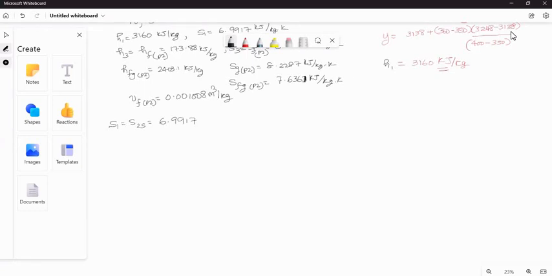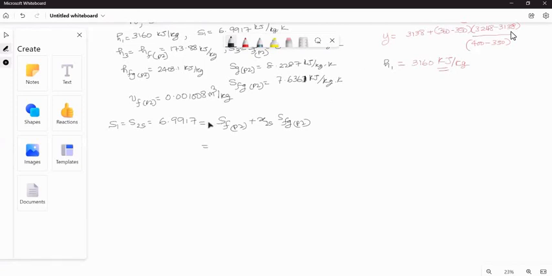And then you can equate this to SF at P2, pressure 2, plus X2S, that is the dryness fraction, into SFG at P2. Just to show you the steps.